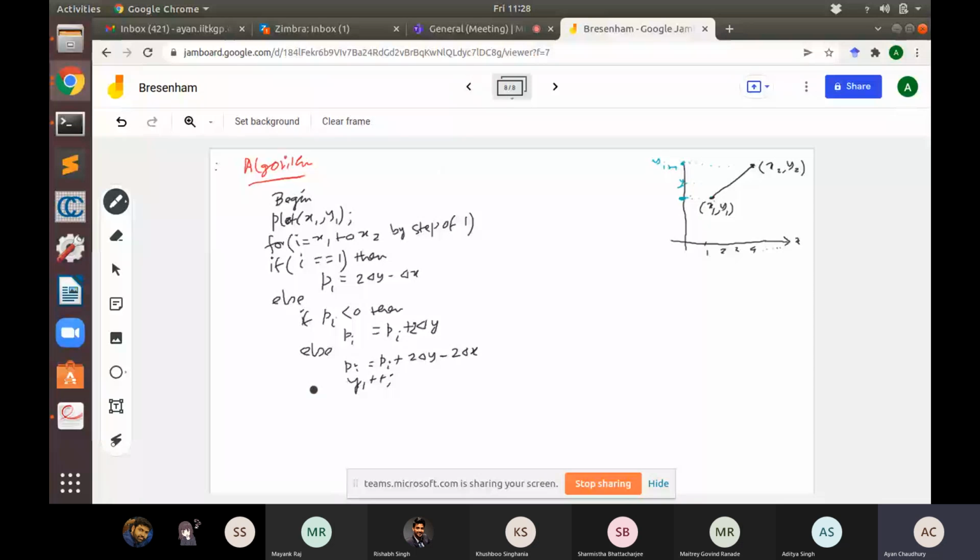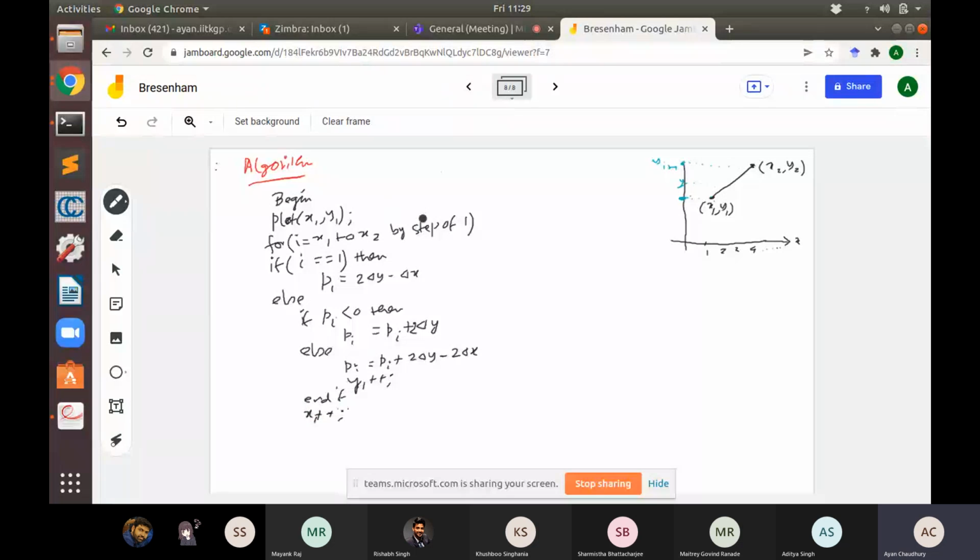Then you end the if, and what should we write here? Any other increment after this? We started with the x value. Although it depends on the convention of the programming language, we have to increment x also.